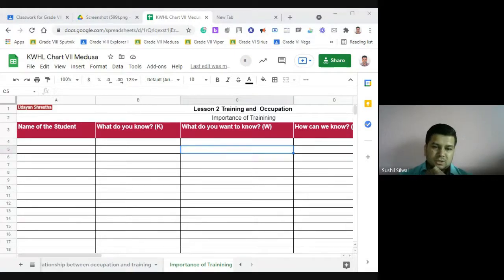Okay, thank you so much. I told you to divide the work. Now you're going to sort out the information based on that. First, find the information, and secondly, start sorting out the information.